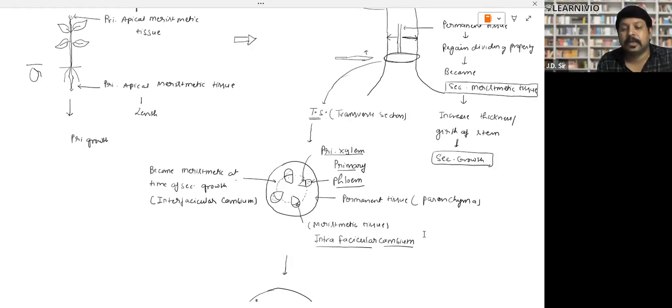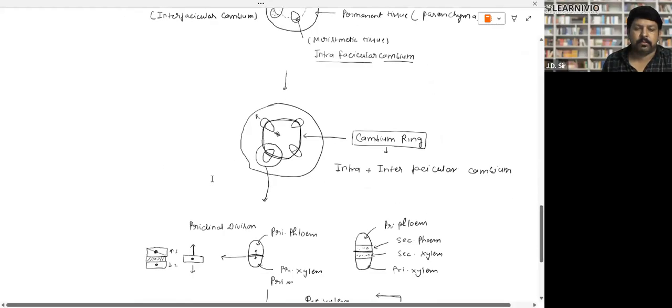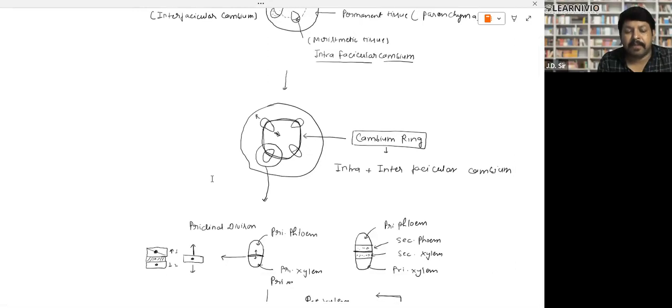Next second subheading, B: Addition of secondary vascular bundle. Start writing.